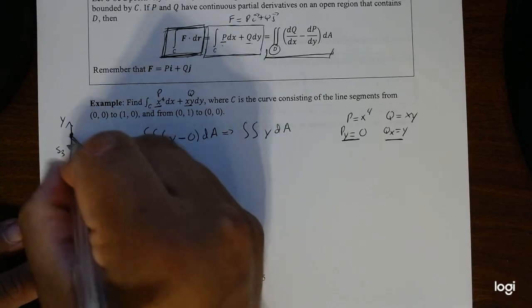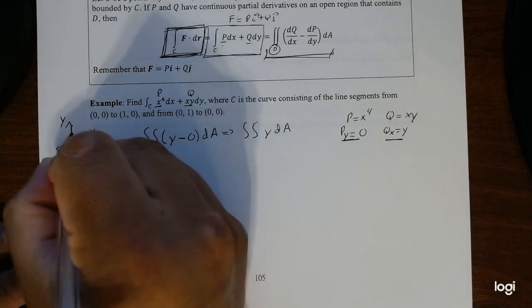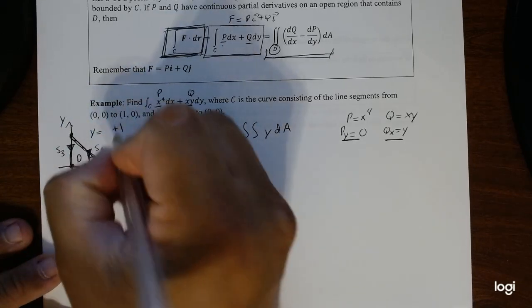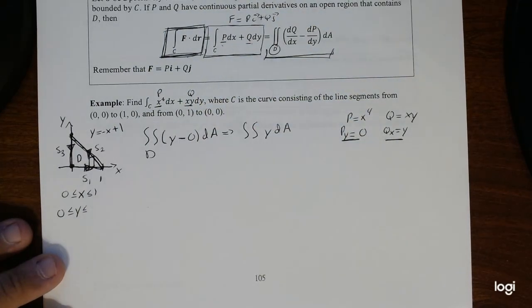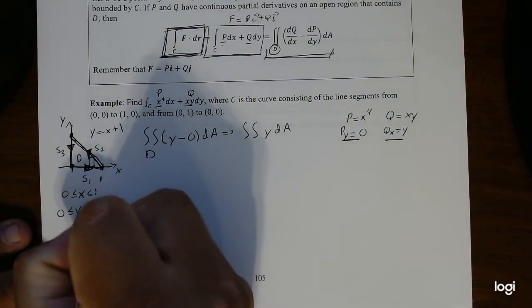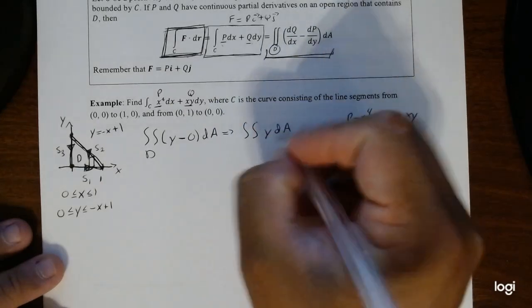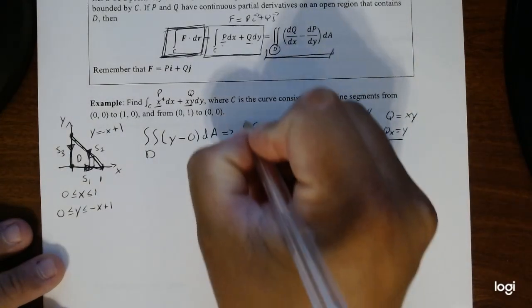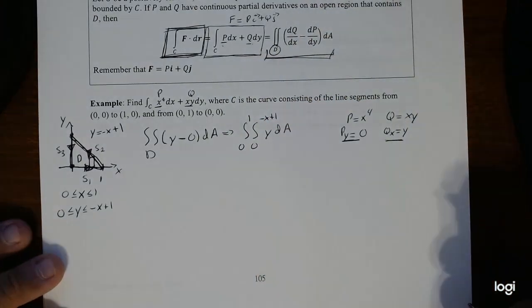We can find that line: it's y equals mx plus b. My b is going to be plus 1, and the slope is going down 1 over 1, so just minus 1. So the line is y equals negative x plus 1, and that is our upper bound. So our bounds are from 0 to 1 and 0 to negative x plus 1.